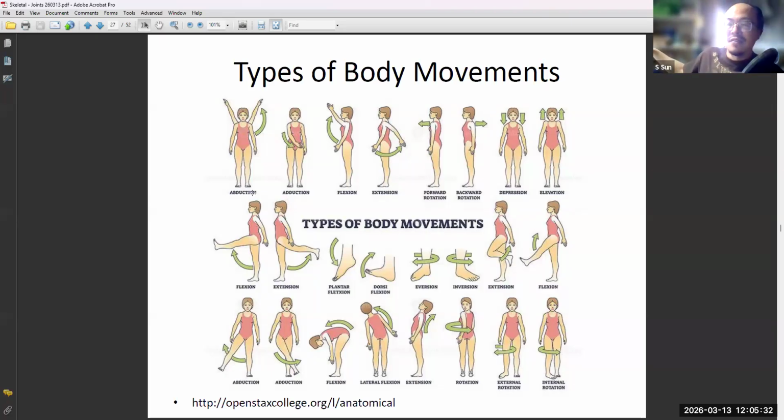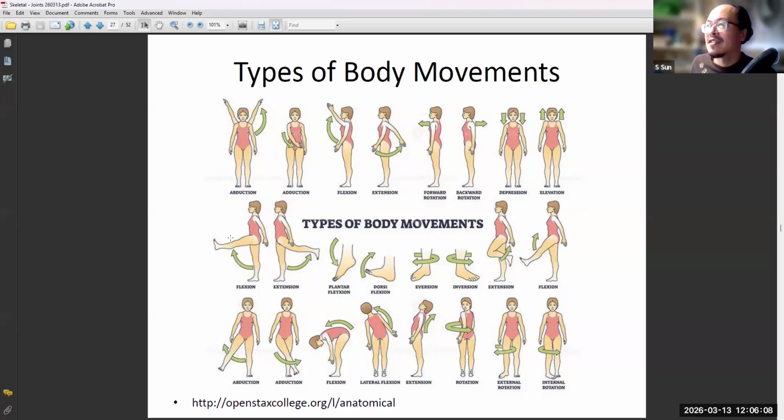You can see that we have abduction, working in the coronal plane, abduction and adduction. Adduction is to add together, come together. Or you can have flexion in the sagittal plane, flexion, extension. You can have it in your arm, in your leg.